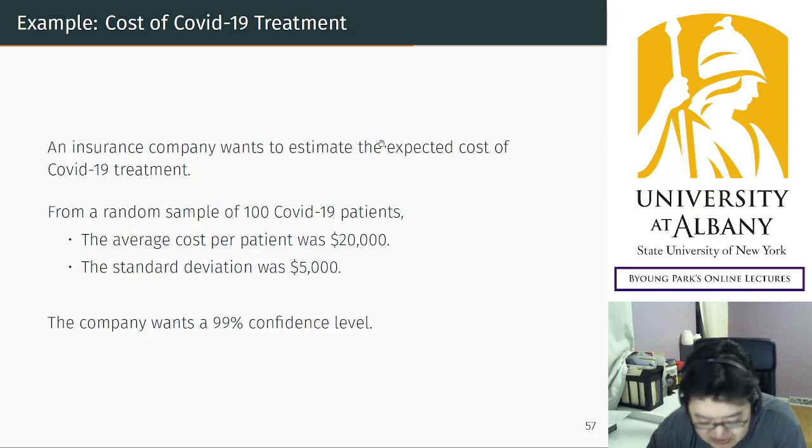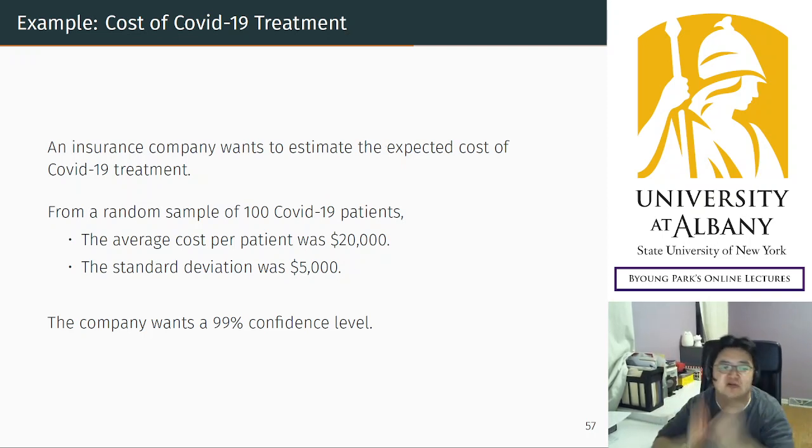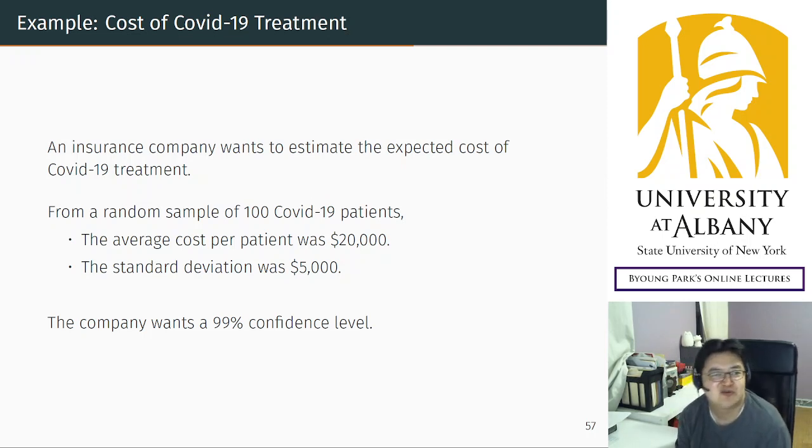Okay, here is an example to apply that result. I made up a recent example about COVID-19, but it has virtually nothing to do with COVID-19.